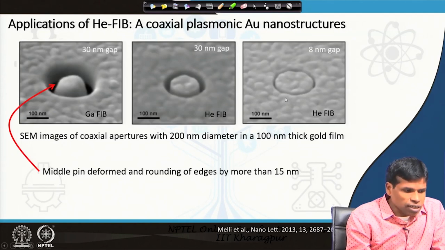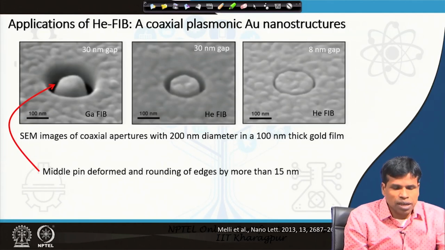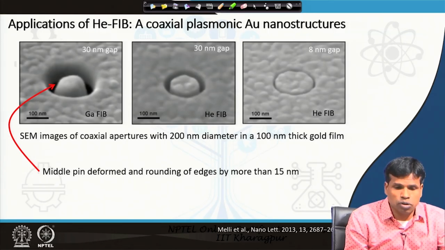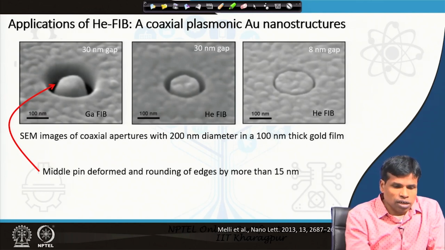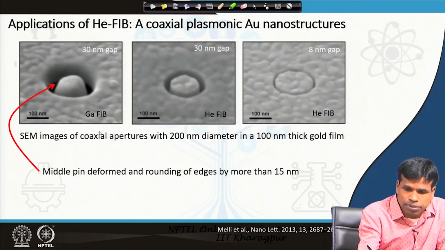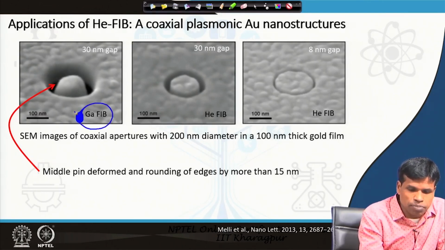And another example here shows the application of helium focused ion beam creating a coaxial plasmonic gold nanostructure. On the left side, one is created with a gallium focused ion beam, aiming for a 30 nanometer gap.